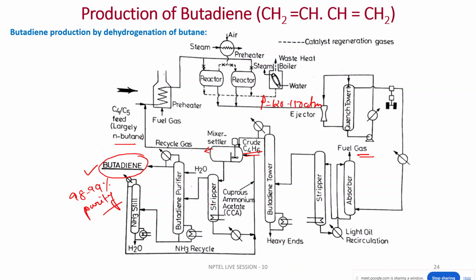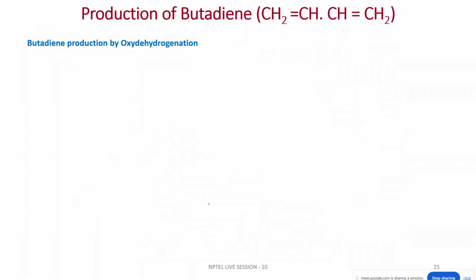The next process for butadiene production is the oxo-dehydrogenation process, where butane reacts with oxygen and forms butadiene.